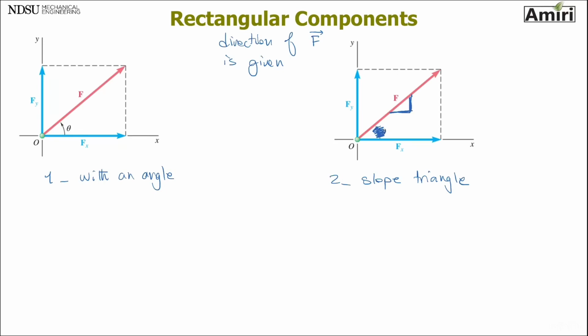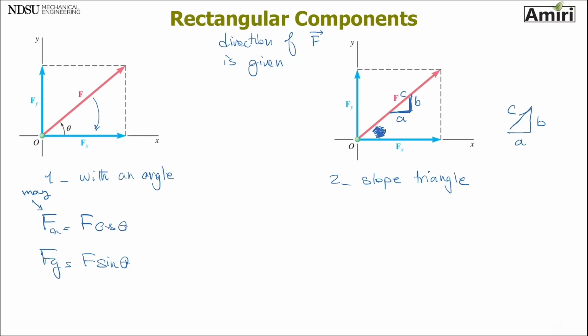They make something like this. They call it A, B, and then C. It's a little tiny triangle, A, B, C. So always in 2D, they either give you a theta, with x or y, or they give you a slope triangle. Theta we already looked at, right? fx was f cosine theta, this is all magnitude. fy is f sine theta in this case.